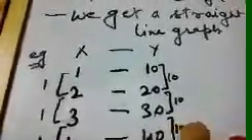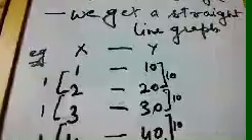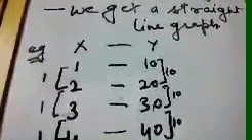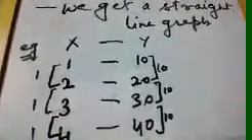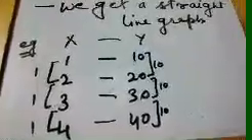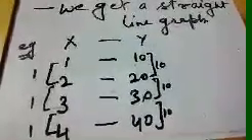So when we see this type of increase, that means every time the particular variable is increasing by a fixed value, that type of correlation can be classified as linear correlationship. And in this case, when we plot this on a graph, we get a straight line graph.